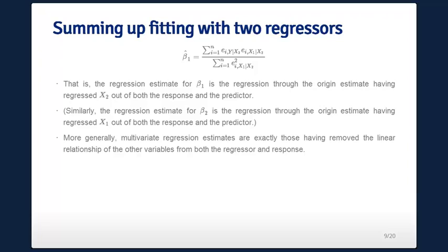Also, I would add, the coefficient for x2 is exactly what you would get from regressing x1 out of y and x2, okay? Because there was nothing particular about choosing beta 1 to look at. We could have looked at beta 2.